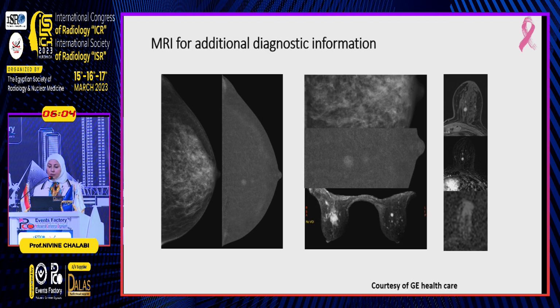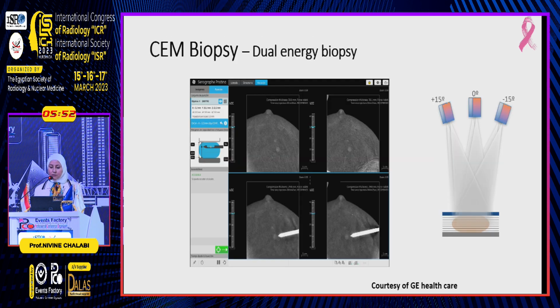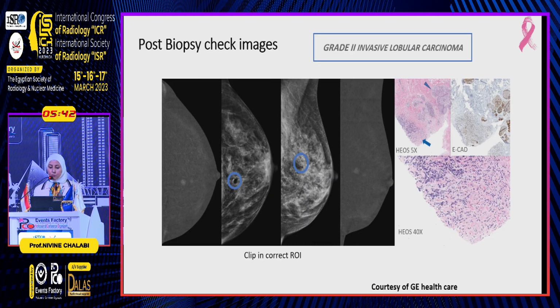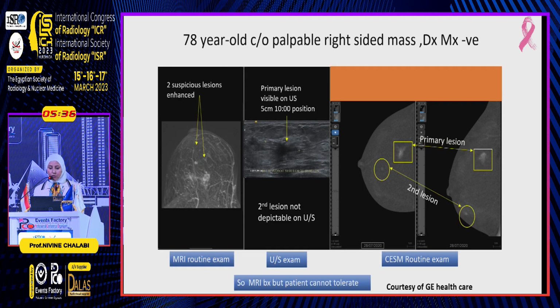So another study was done, which was an MRI, to confirm the level of suspicion by an ADC and diffusion sequence. And the lesion showed restricted diffusion, so the decision was made to do a contrast-enhanced mammography biopsy. As you can see, the needle was confirmed in place, and then a clip was marked, and it was in the right position, and the pathology returned as a grade 2 invasive lobular carcinoma.